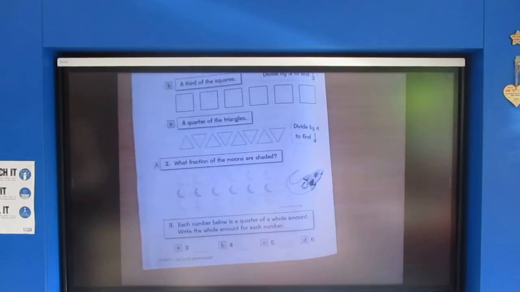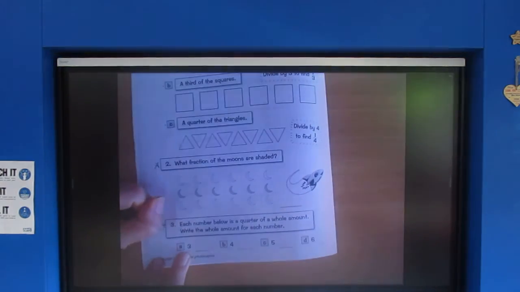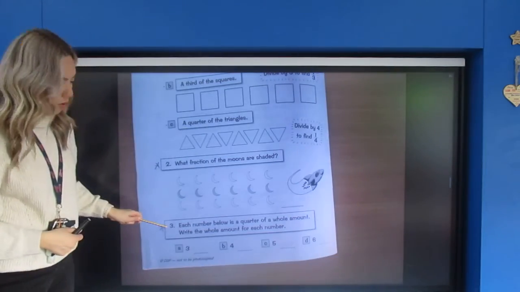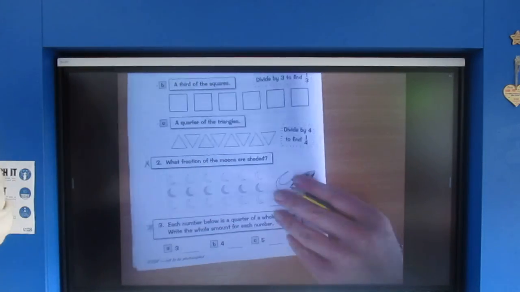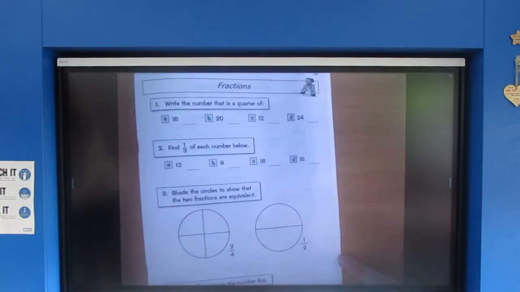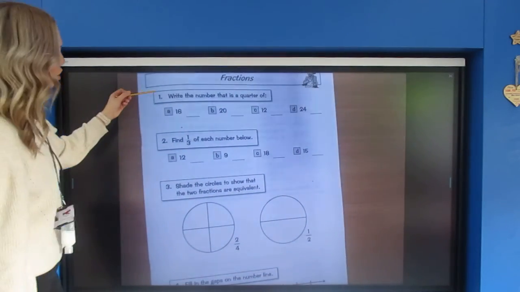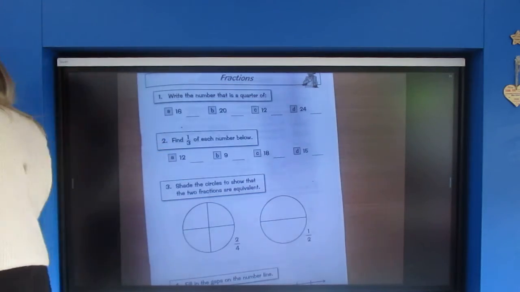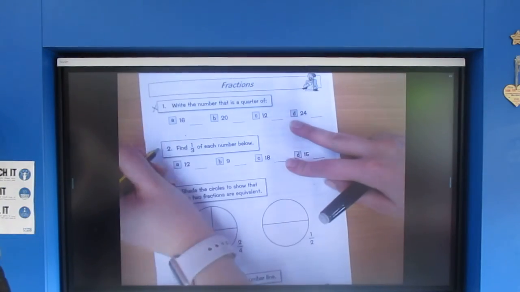So today's learning year 1, I would like you to complete question number 3 on page number 18. So this one here. And then you're going to go over to page number 19 and I would like you to complete question number 1 and question number 2. Okay? So question 1 and question 2.